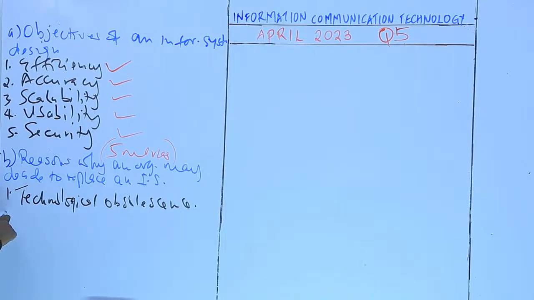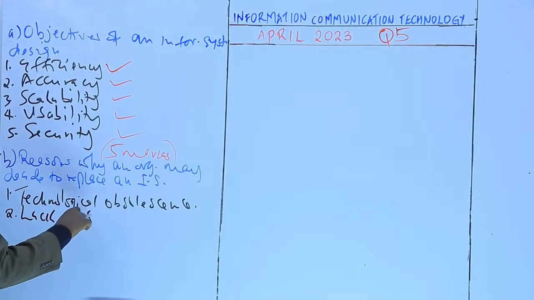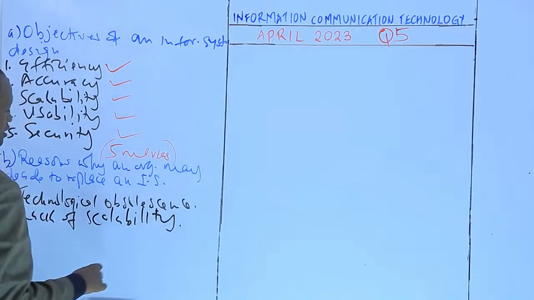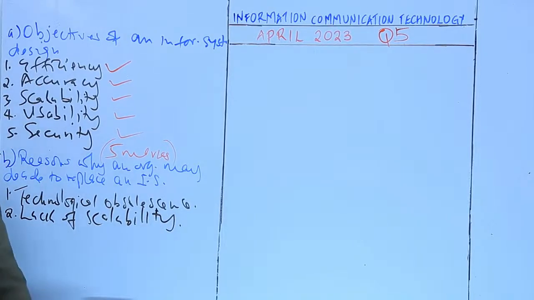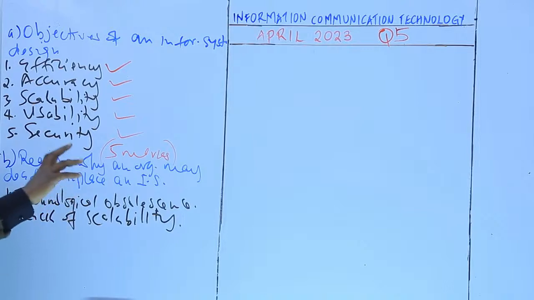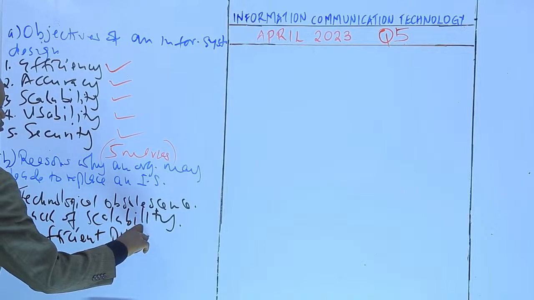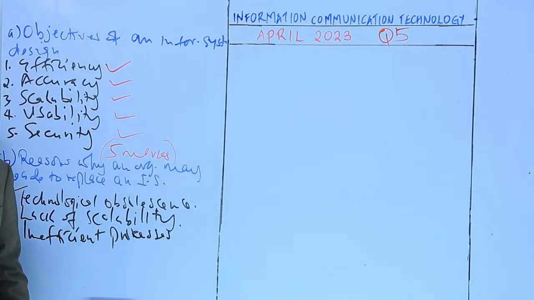Number 2, lack of scalability. If the current system cannot handle the increasing data volumes or even user demands or the business growth, it may be necessary to replace it with a more scalable solution that can accommodate future needs. 3, inefficient processes.